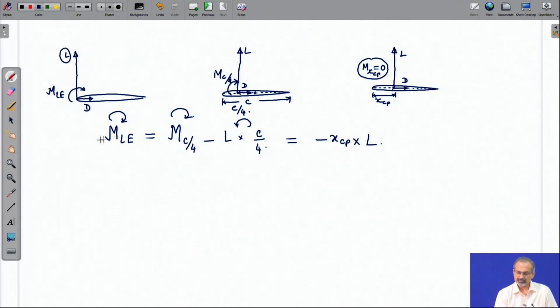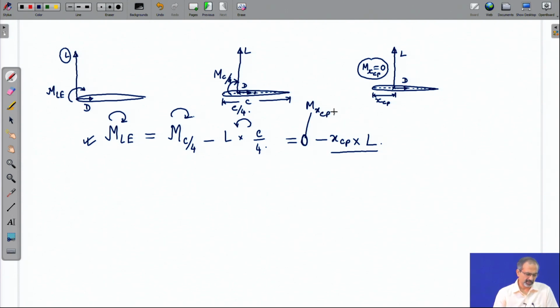So, what do you have? You have the M leading edge, for example, expressed as minus x_cp into L, all right, because you have a 0 here, basically a 0 coming from M x_cp.